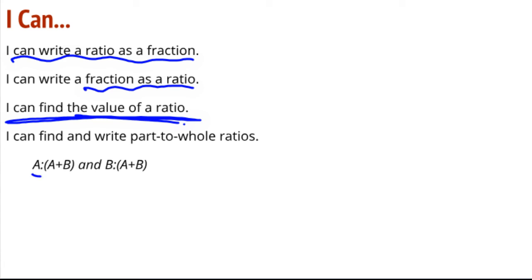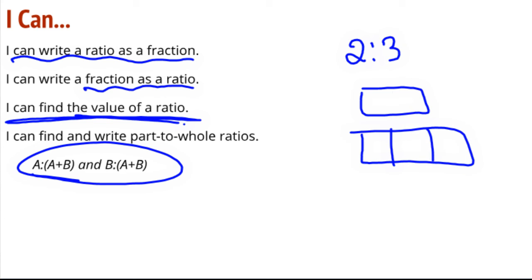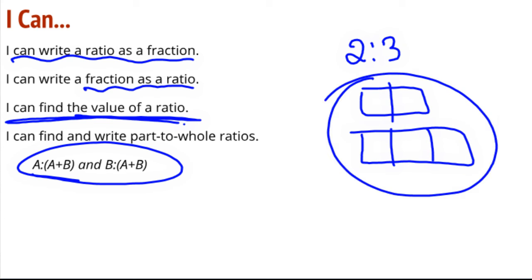And we touched on part to part, part to whole. For example, our ratio of 2 to 3. We've got 5 total parts. So I have my 2 out of 5 and my 3 out of 5.